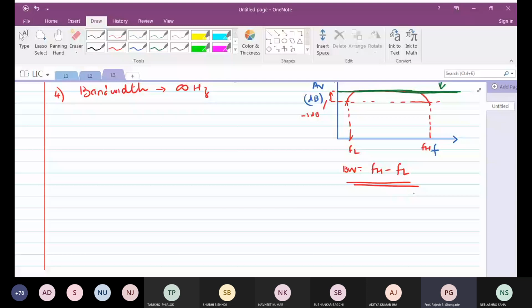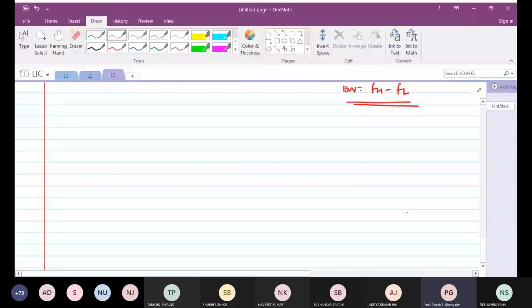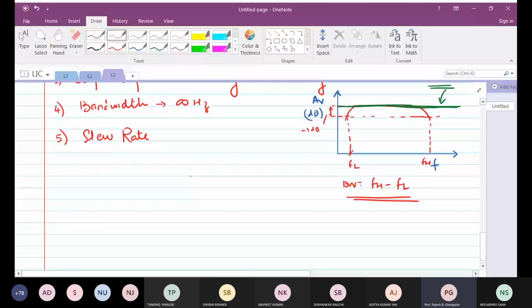I hope not. Then we are going to see one more interesting thing, and that is called the slew rate. We are going to talk about this in more detail. But what exactly do you mean by slew rate? For any amplifier, as a matter of fact, most of the time amplifiers are drawn like this, with this symbol.